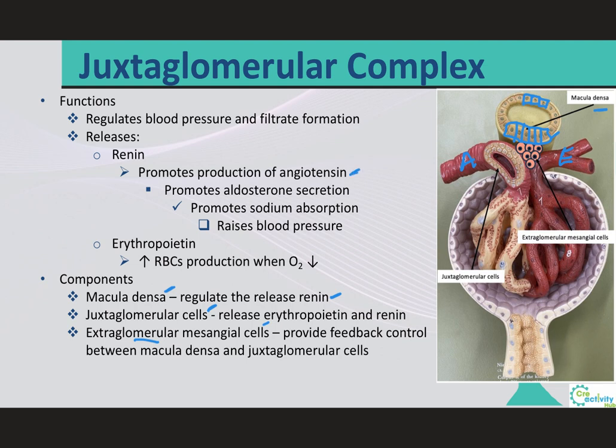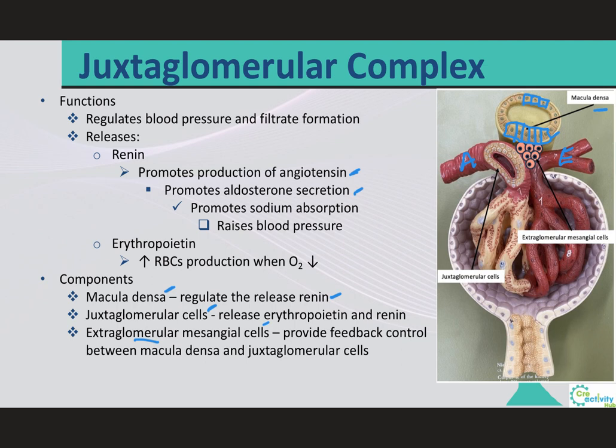Now, angiotensin is a protein whose presence in the blood will promote the secretion of another hormone called aldosterone, which is the hormone that we were talking about in the previous slide, that is synthesized in the adrenal gland.